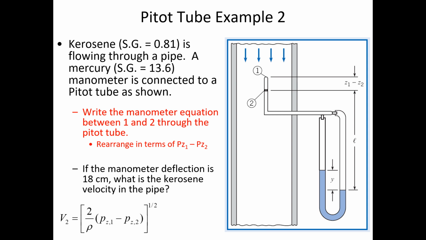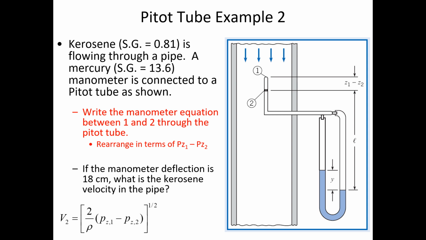And then if I rearrange this, P1 plus gamma of kerosene times Z1, this is P sub Z1. Let me just rewrite it. P1 plus gamma kerosene Z1. I'm going to move the P2 over to the left-hand side of the equation, so minus P2 minus gamma of kerosene Z2.